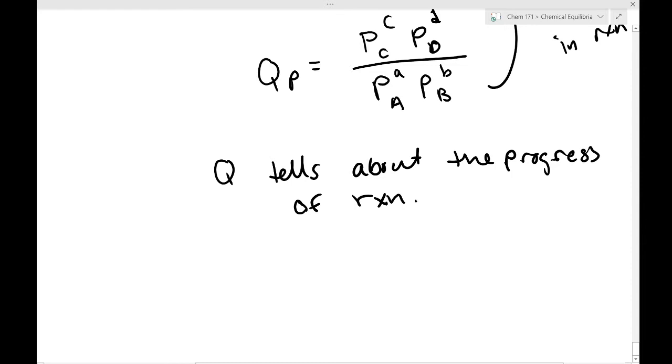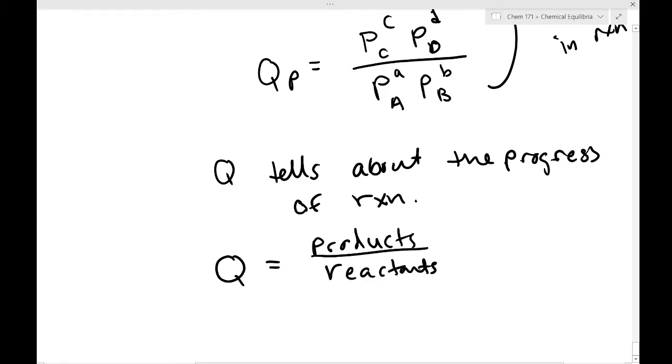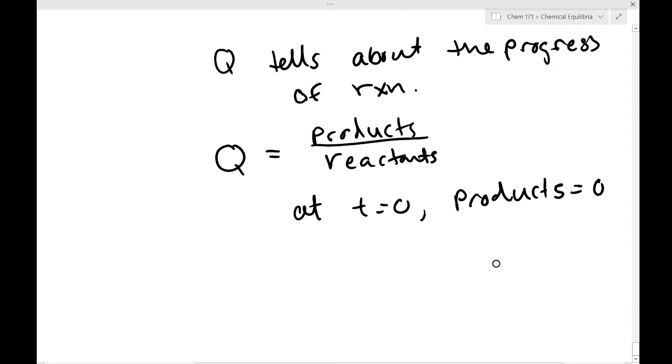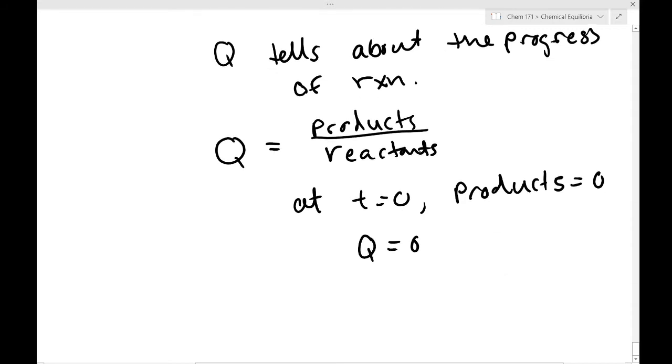So you can tell the progress of the reaction by looking at the value of Q and comparing it with the value of K. So if you imagine Q is equal to basically products over reactants, at the very beginning, at time t equals 0, products is equal to 0, right? So then at t equals 0, Q must equal 0, right?